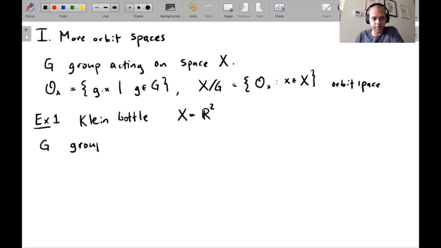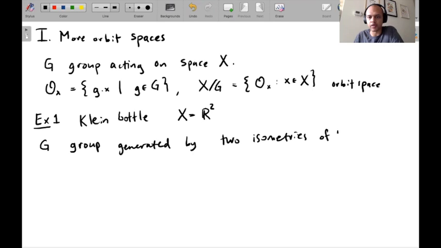So this is the group generated by two isometries of R2. And what are they? They'll be called A and B.